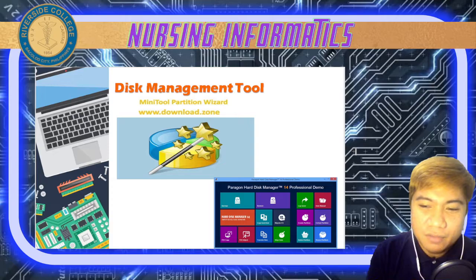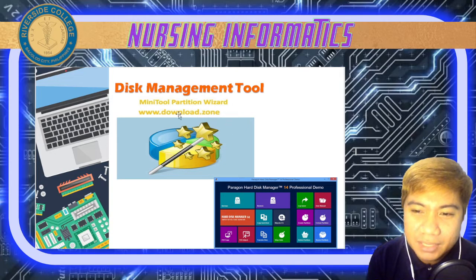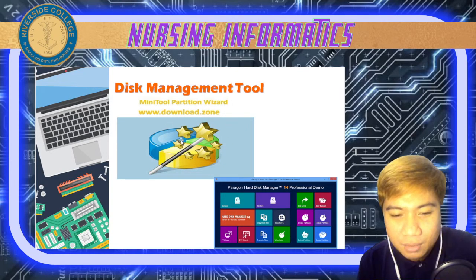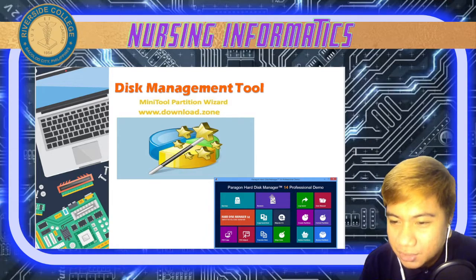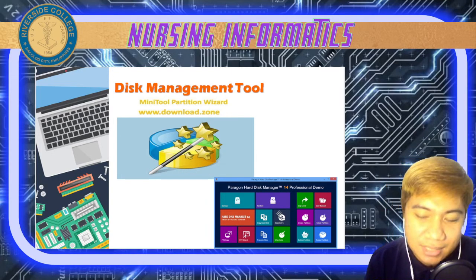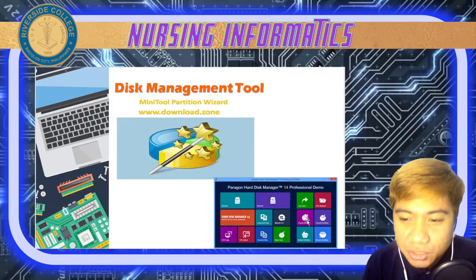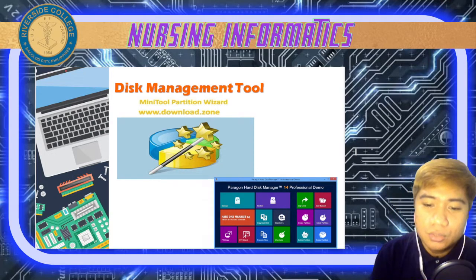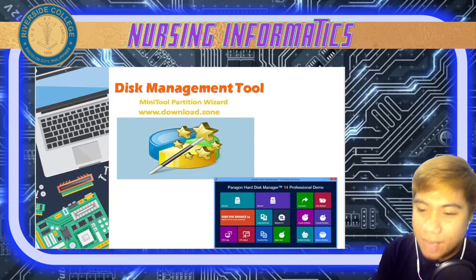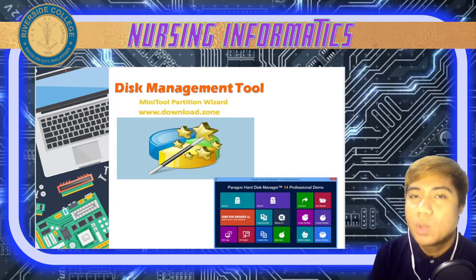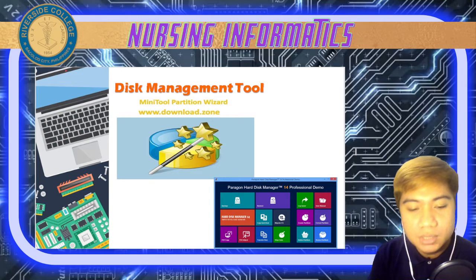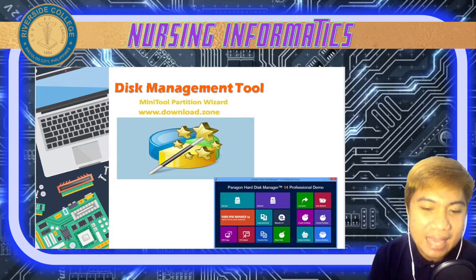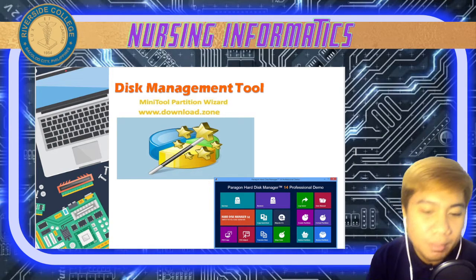For example, we have here your MiniTool Partition Wizard, or we also have your Paragon Partition Manager. As you can see, it can make partitions of drives. We also have your EaseUS Partition Master, your smart monitoring tools, and your AOMEI Partition Assistant.